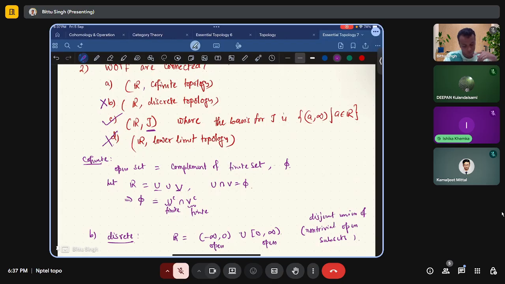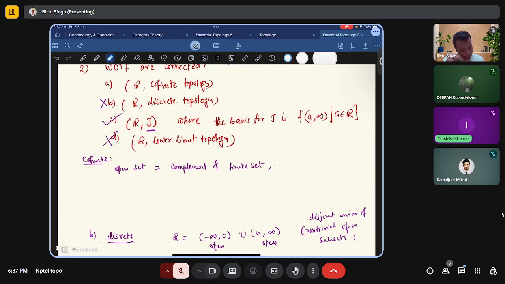So okay, let me write in a different way. So this is empty. So we are assuming U comma V, those two are non-empty open sets.